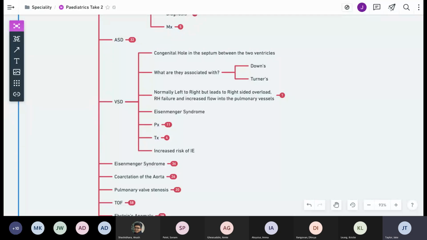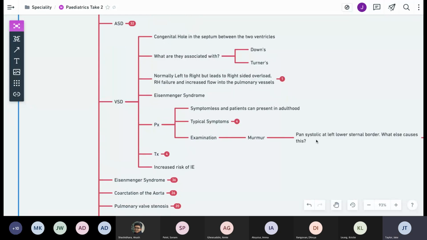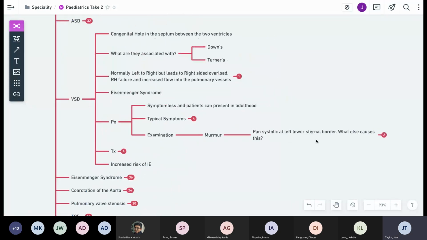Anyone know which murmur we would have in VSD if it was to be picked up? So pansystolic. Okay, nice. So on examination, the murmur would be a pansystolic at the left lower sternal border.